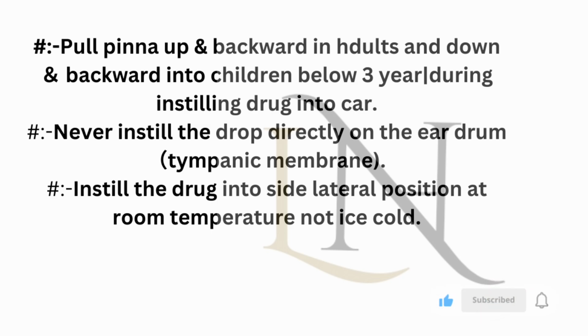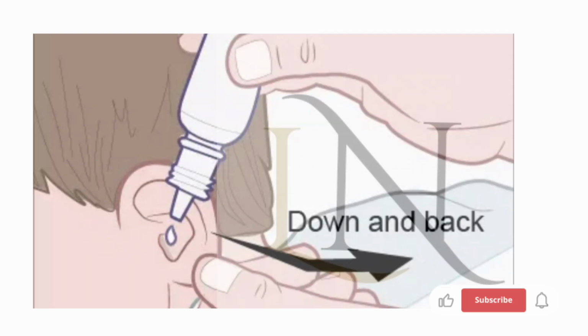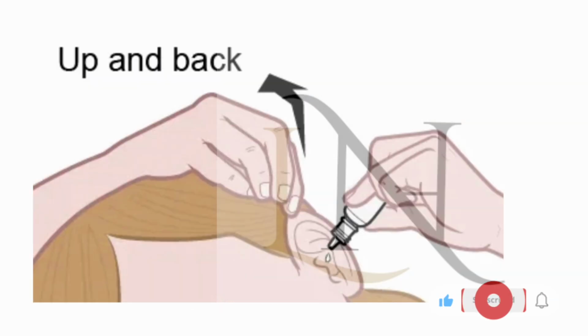Now, we will see slides. Here, down and back, we will use in children below 3 years of age. And next slide, up and back, this one we will use in adults.